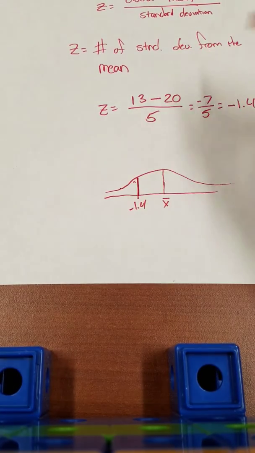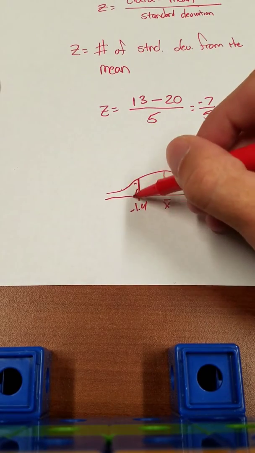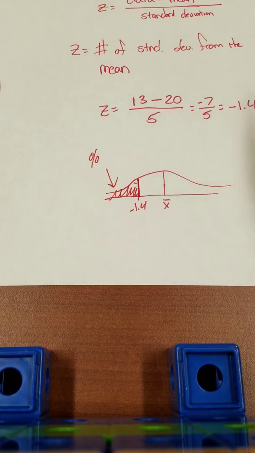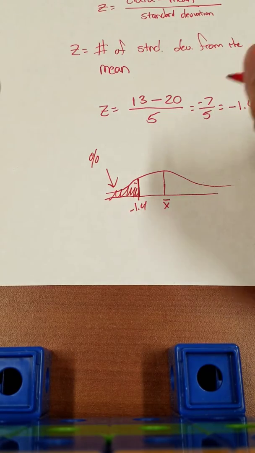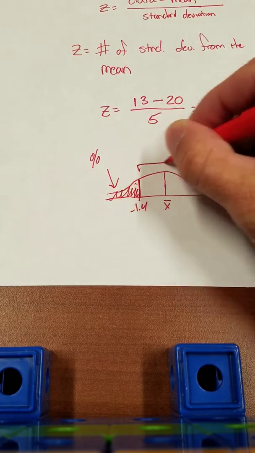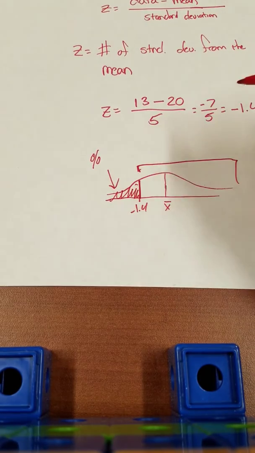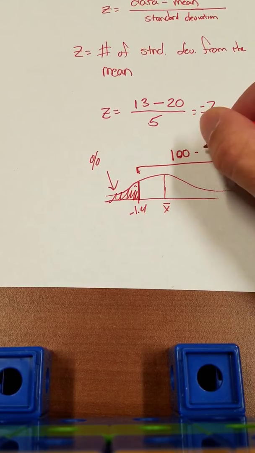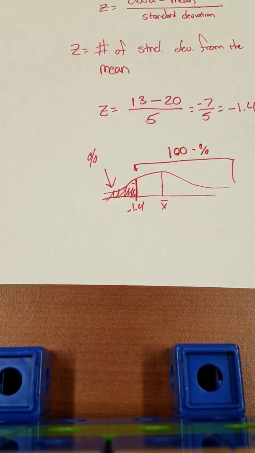So what the z-score is going to tell us is the percent of data in that range right there. How much is to the left of that? That means if I need to find this, I've actually got to do something else. I've got to do 1 minus or 100 minus the percent to actually get an answer. Okay? So that's how it works.